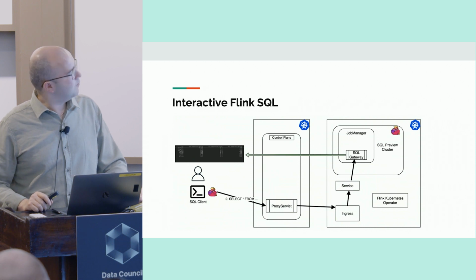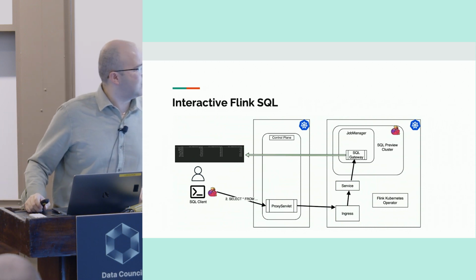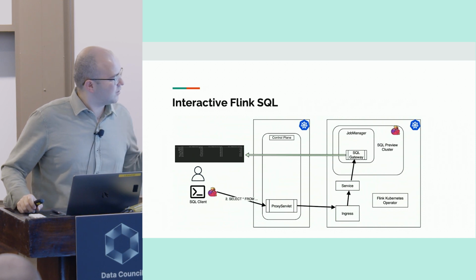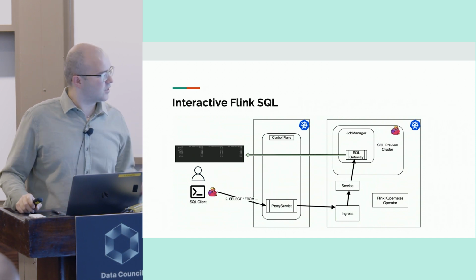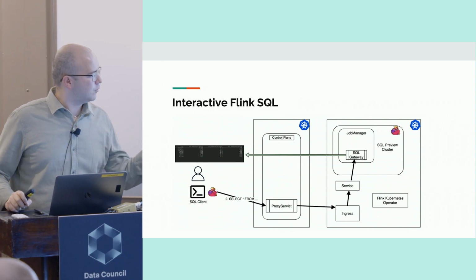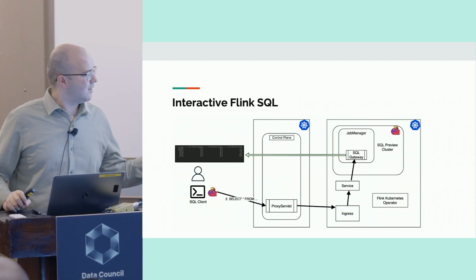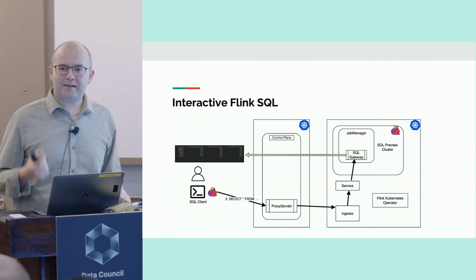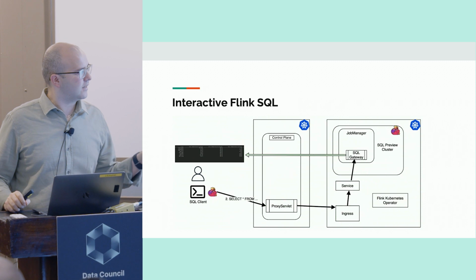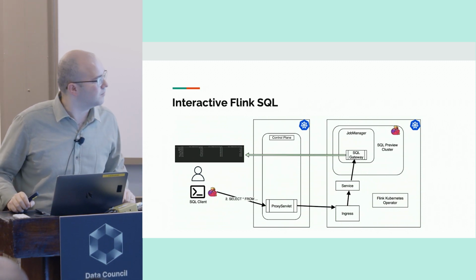This is the end-to-end flow. Let's say you have already started your session cluster, and then the user starts issuing commands. They can write in the Flink SQL client, or they can submit a whole file. When they start the SQL client, they need to specify the endpoint URL of this Flink UI. So your SQL client actually connects to the remote session cluster.